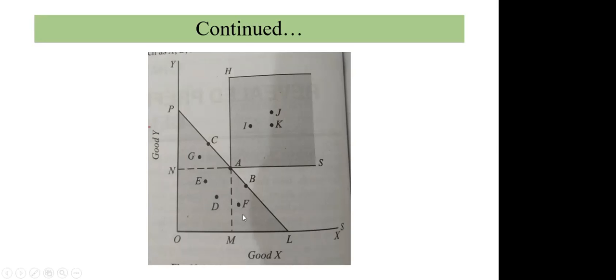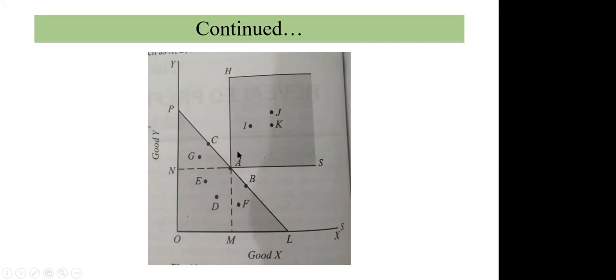Suppose B. If we draw perpendiculars to B, we can see that the amount of good X will be increased and the amount of good Y will be decreased. So he is not particularly fond of this combination. At point C, there is less of good X and more of good Y. He is not fond of this combination either.